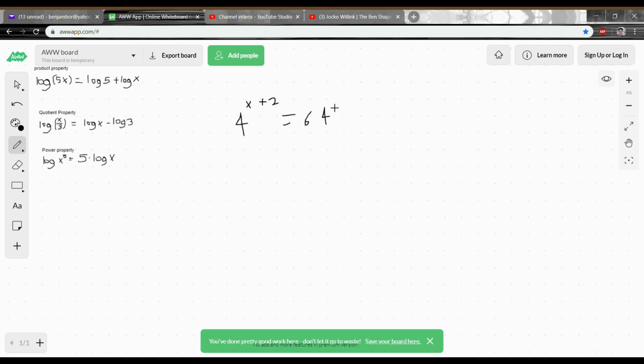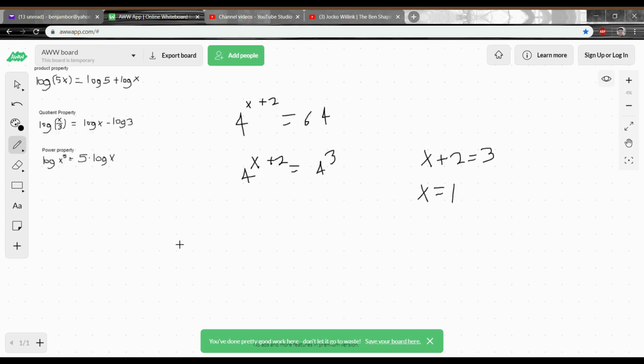So in this case, we could rewrite 64 as 4 cubed. That would give us 4 raised to the x plus 2 is equal to 4 cubed. Setting our exponents equal to each other, x plus 2 equals 3, meaning that x is 1. And this works sometimes, but it can't always be used.